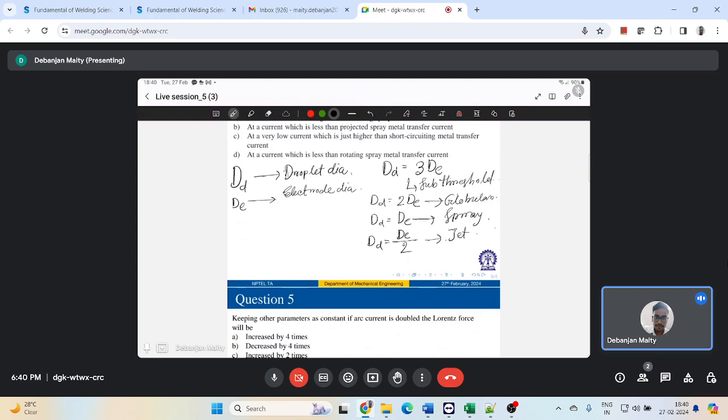So if we talk about this globular one, it happens with low arc current and higher voltage. Higher voltage means your arc length will be higher, right?